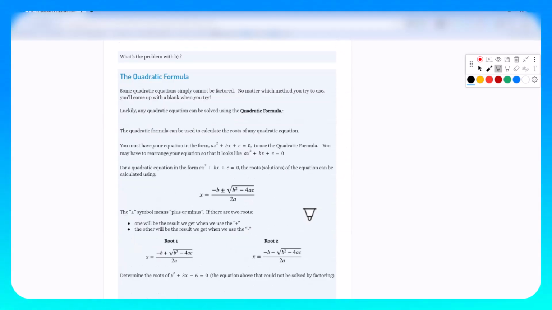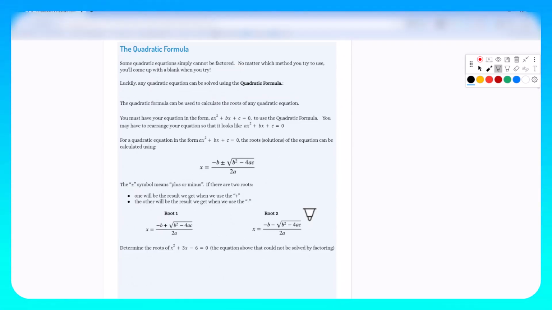Well, ta-da, there is a way. It's the quadratic formula. Now, as we just saw, some quadratic equations can't be factored. And so we need to use what is called the quadratic formula. And this formula is used to calculate the roots or solutions to any quadratic equation.